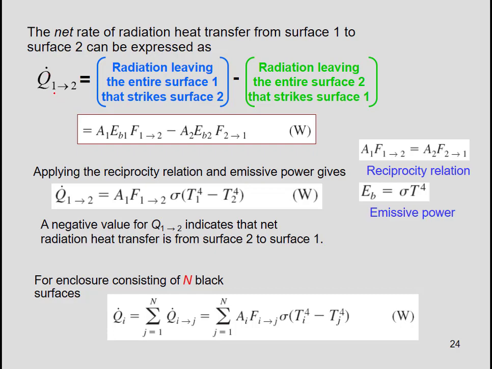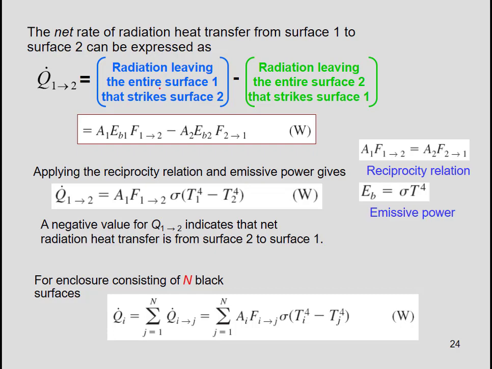Q dot 1→2, the net rate of radiation transfer from surface 1 to surface 2, is equal to radiation which leaves the entire surface 1 and strikes surface 2, minus radiation leaving the entire surface 2 and striking surface 1.